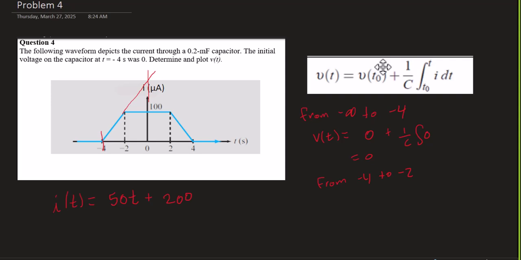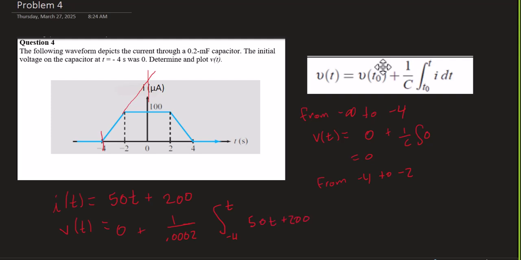So v of t will equal the voltage at the starting point, which was 0, plus 1 over 0.2 millifarads, which is 0.0002 farads, times the integral from -4 to t of 50t plus 200.